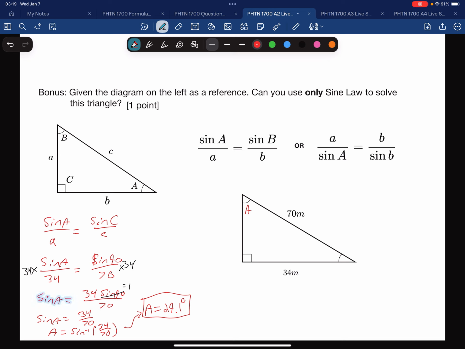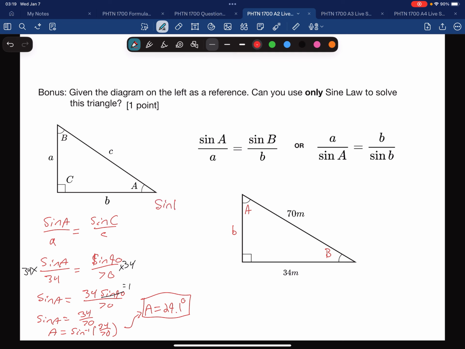And so now moving on to find either side length B or angle B. Now we are asked to only use sine law to solve this triangle. So let's say that we are looking for the angle first.